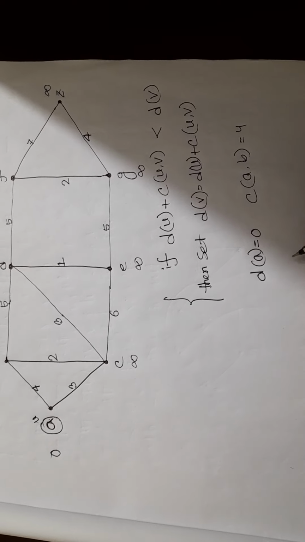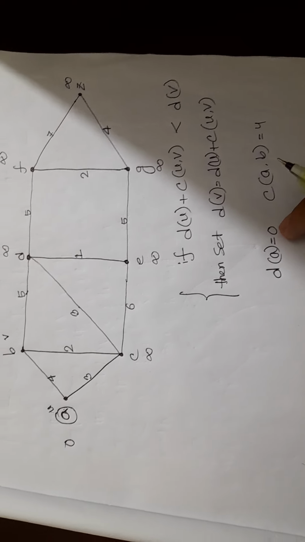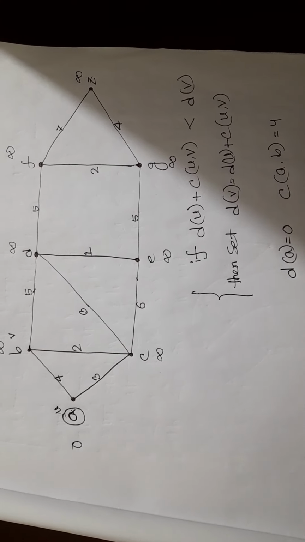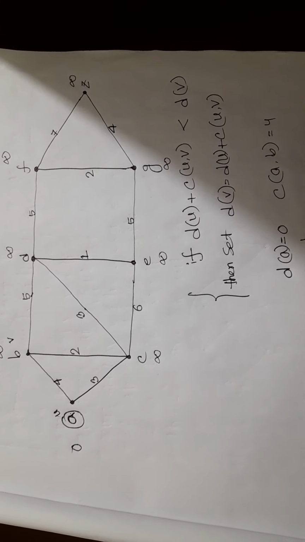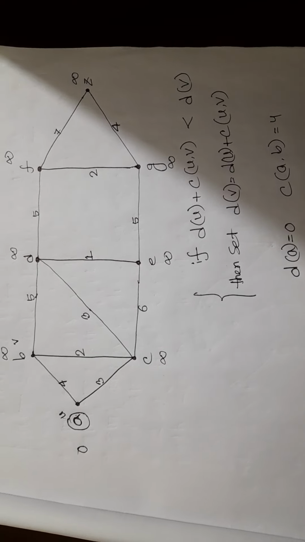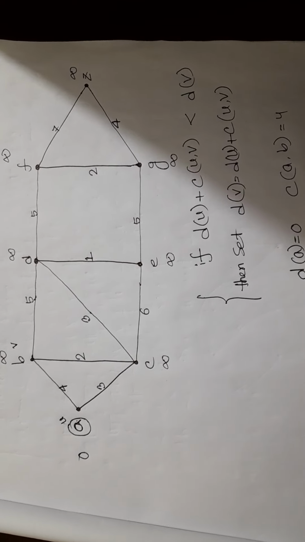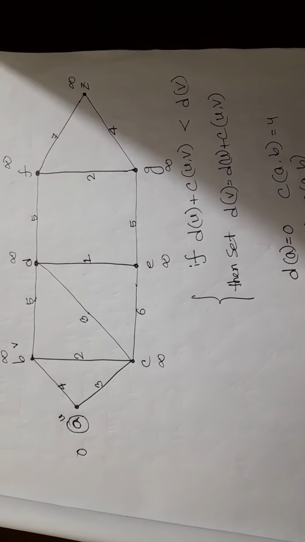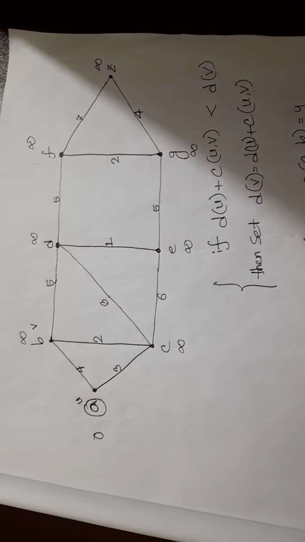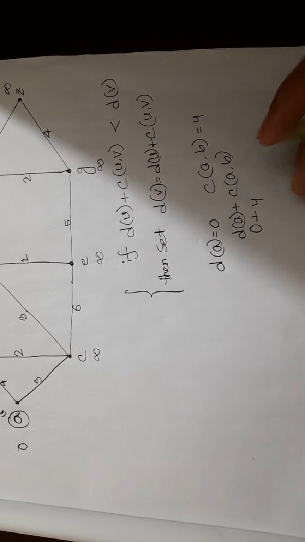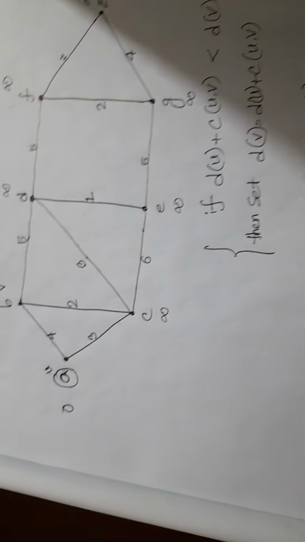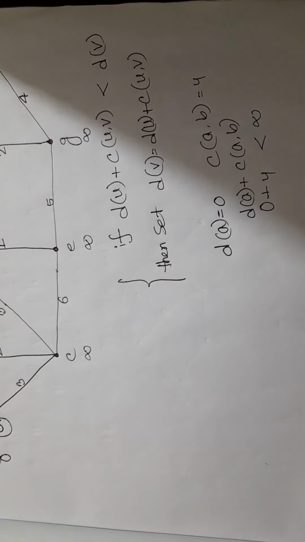Then the distance of A plus the cost of AB equals to 0 plus 4 equals to 4, which is less than the distance of B, which is infinity.